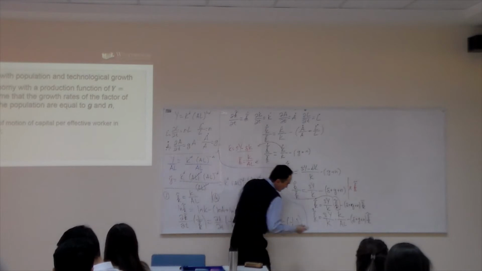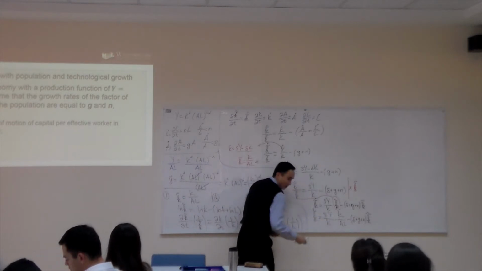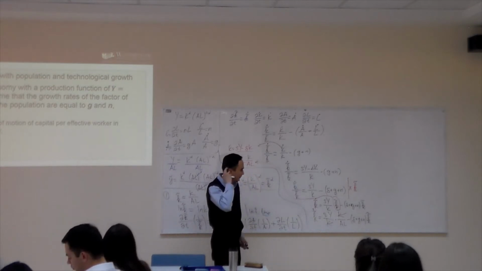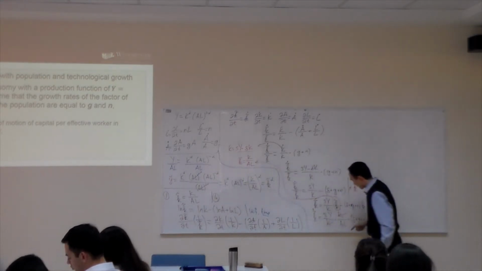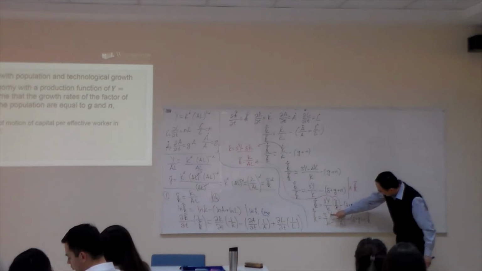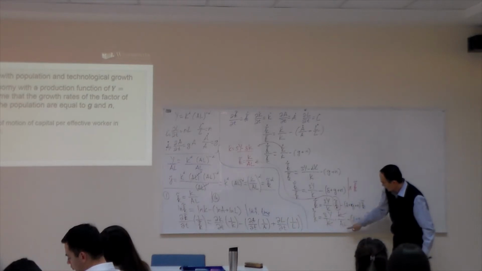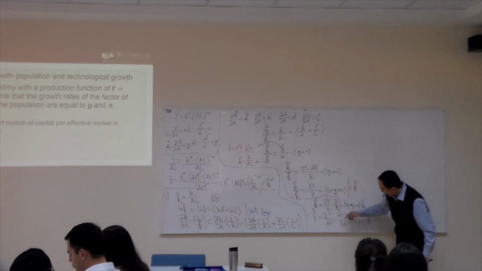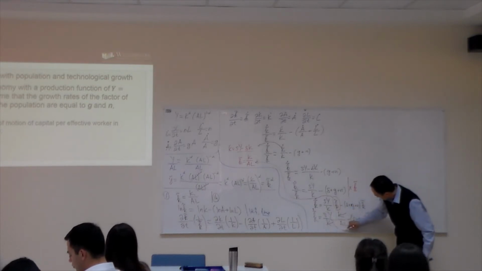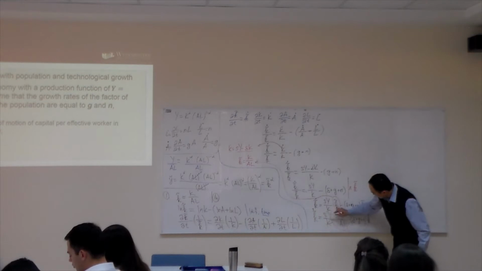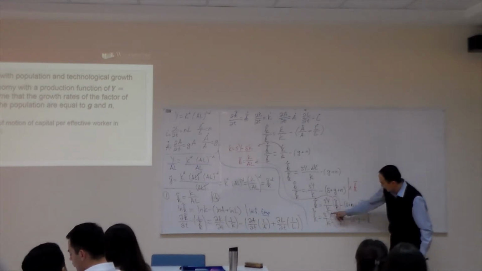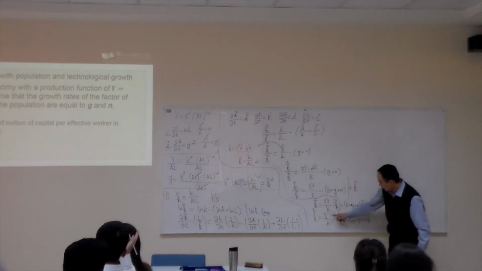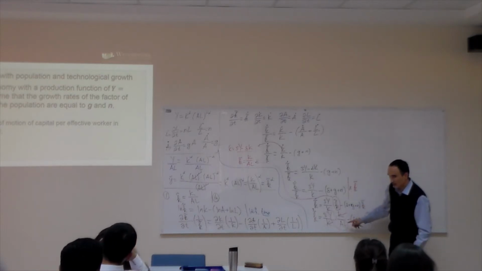So now this numerator and denominator are the same, which we can just cancel, right? What do we have left in here? Saving rate times Y over effective labor. Yes? What does it give us? Output per effective labor, right?